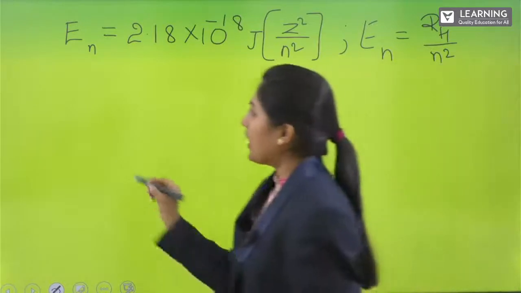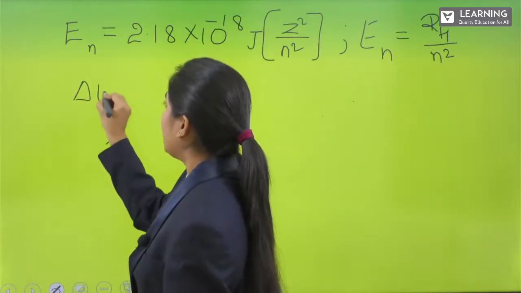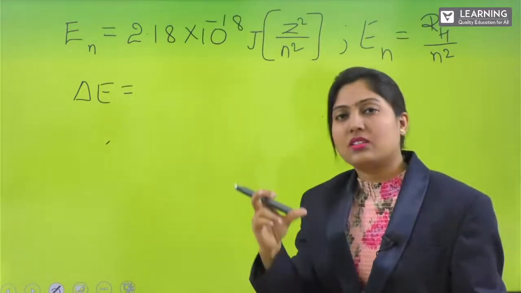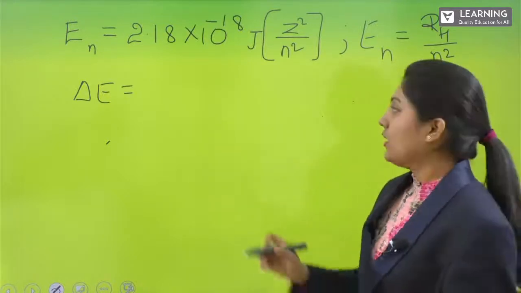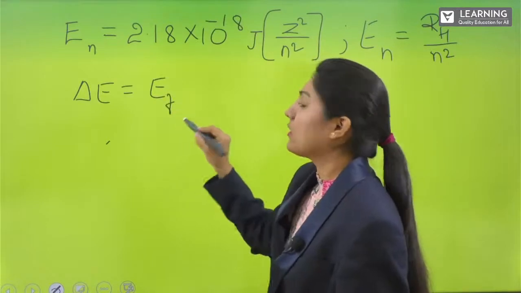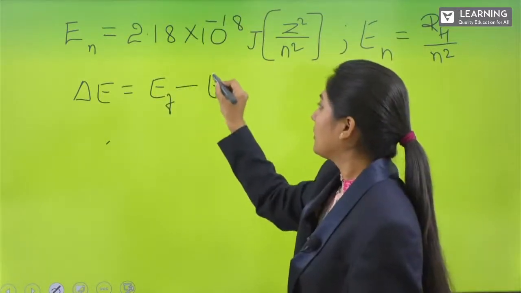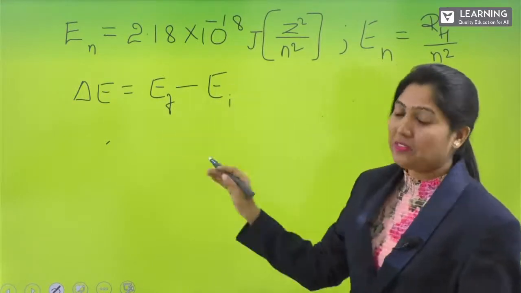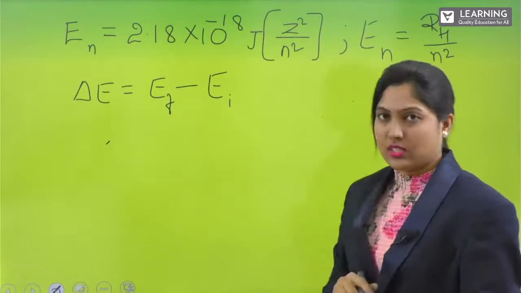Fine. Now as we are checking it out, delta E is equal to what? Delta E means the energy difference between the higher energy level and the lower energy level. So delta E is equal to EF minus EI. EF is the final energy level, EI is the initial energy level.